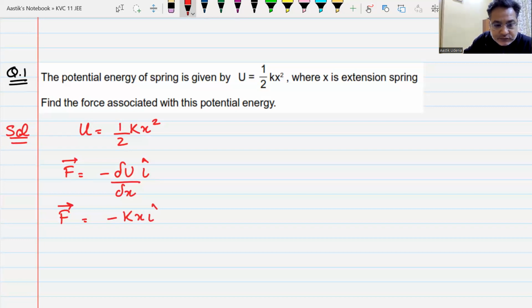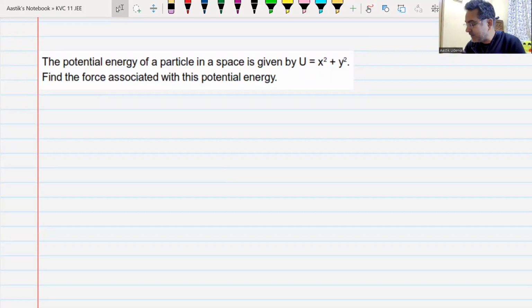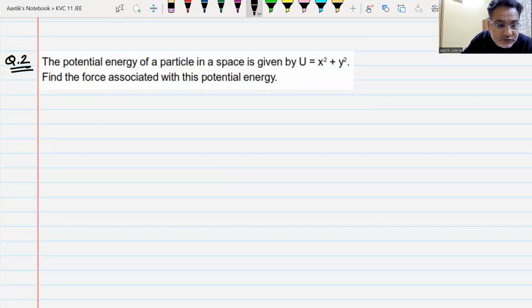Chalo. Then we have this one. The potential energy of a particle is given by this. Find out the force associated with this potential energy, and I will give you 2 minutes to solve this.